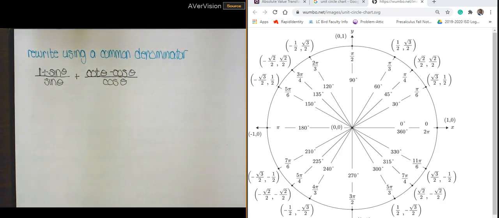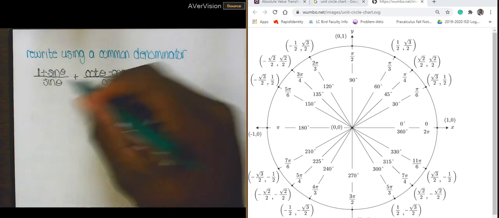We're trying to simplify it still, but for this one, since we have a fraction, we have to rewrite it so that we have common denominators. Well, we can't really simplify anything right now.